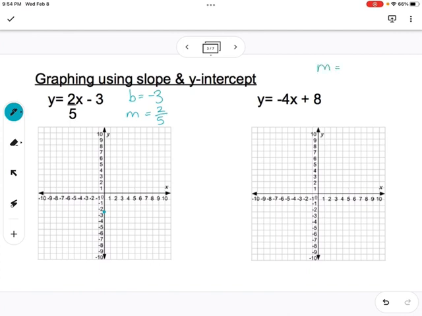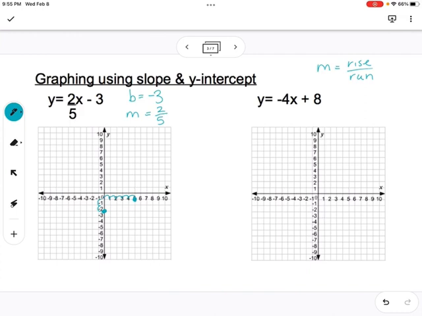Again, our slope is rise over run. So here we have a rise of 2. It's positive, so it means we're going to move up. And then our run is 5, so we're going to move to the right 5. So we go up 1, 2, and we go over 1, 2, 3, 4, 5. So that gives us a point here.